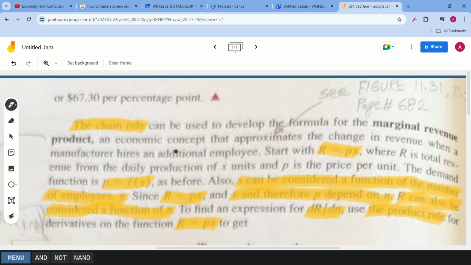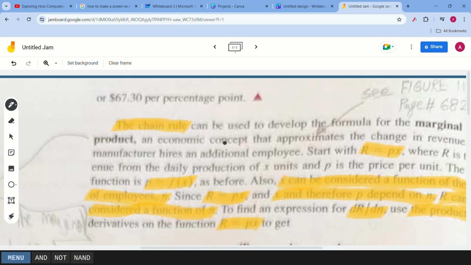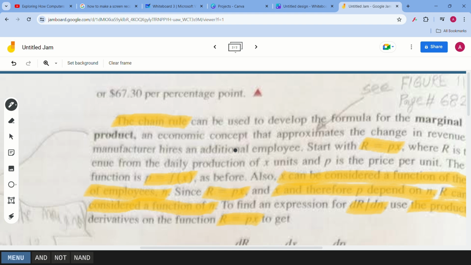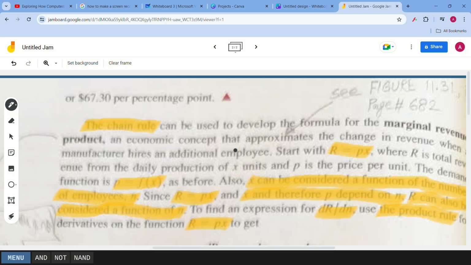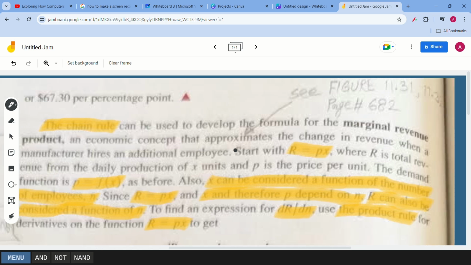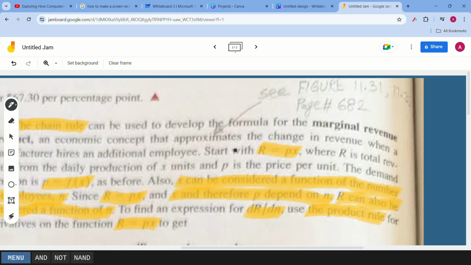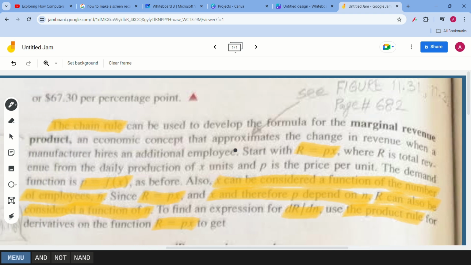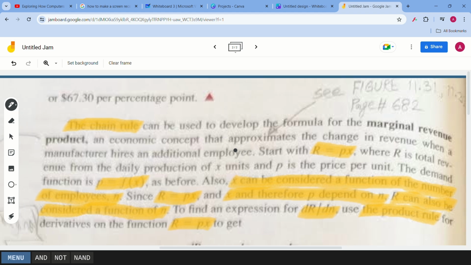The chain rule can be used to develop the formula for the marginal revenue product, an economic concept that approximates the change in revenue when a manufacturer hires an additional employee. Start with R equals P times X, where R is the total revenue from the daily production of X units and P is the price per unit. The demand function is P equals f of X, as before.